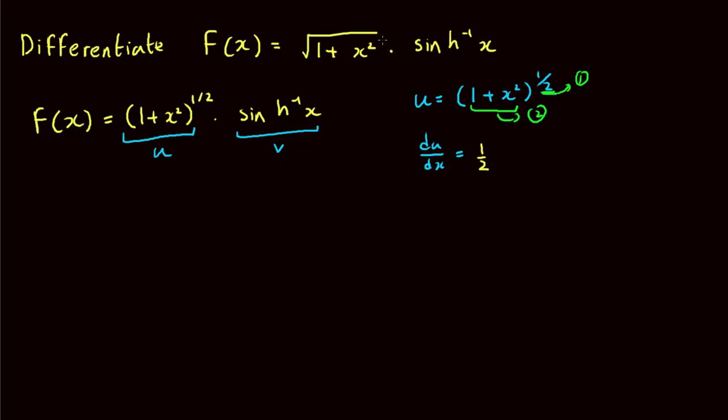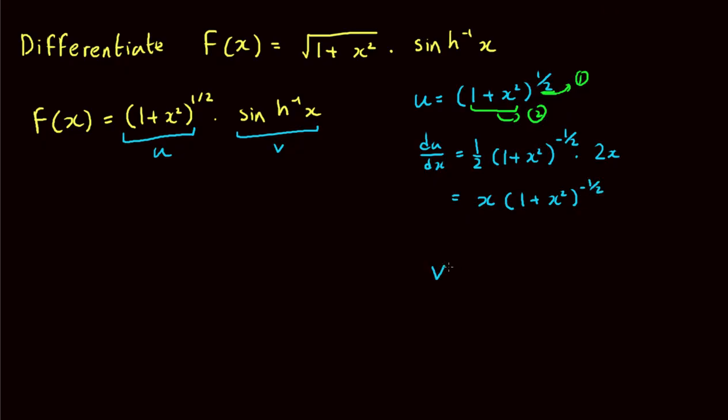Oh sorry, I'm using yellow, so we're using blue, by the way. So it would be half, 1 plus x squared to the power of negative half, multiplied by 2x, leaving us with x times 1 plus x squared to the power of negative half.